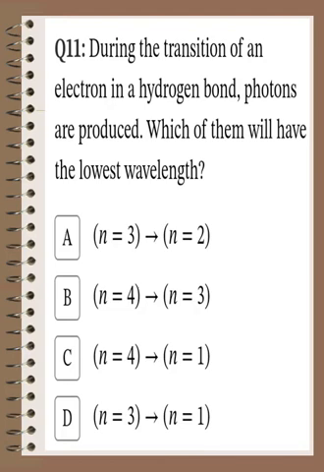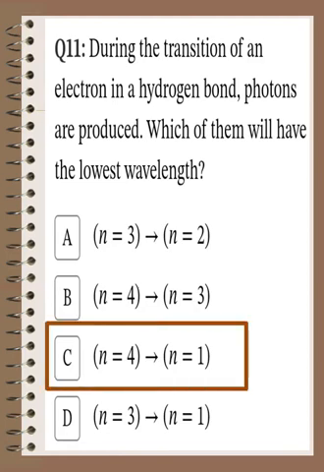From 4 to 1, yes, short also. From 3 to 1, also short. When we compare between them, we will discover that number C, from 4 to 1, has the lowest or shortest wavelength, like ultraviolet radiation. Here we have the lowest wavelength if we go from energy level number 4 to energy level number 1.